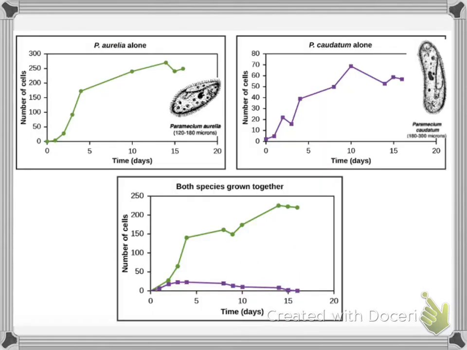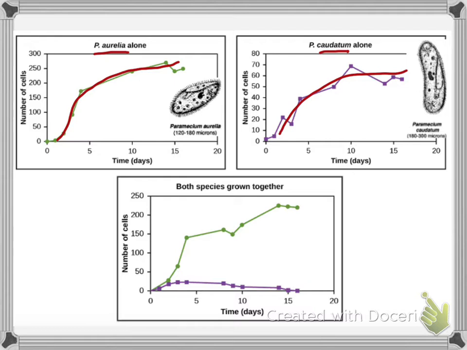So what happens in a community when two different species compete for the same limited resource? This was actually tested in a famous experiment where two protozoan species, Paramecium aurelia and Paramecium caudatum, were used as model organisms. When grown individually in the laboratory, they both thrive. Both of their populations increase.